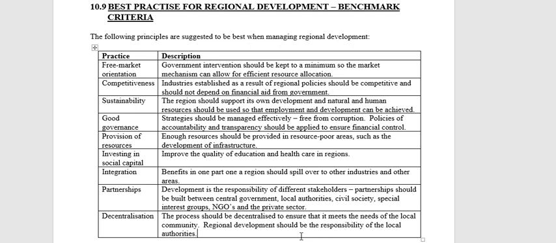Decentralization also means that the control of the policy, the control of the strategy, and the implementation of the strategy should not happen at national level. It is there to meet the needs of the local community. So regional development should be the responsibility of provincial and local authorities. It should not be the responsibility of national government. It is a local issue that should be addressed by local authorities.